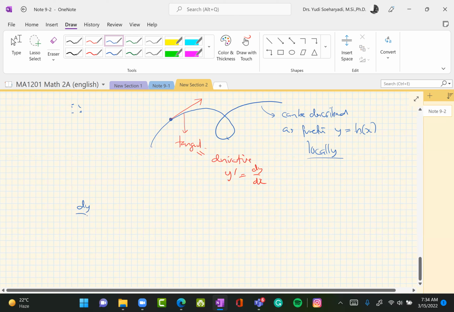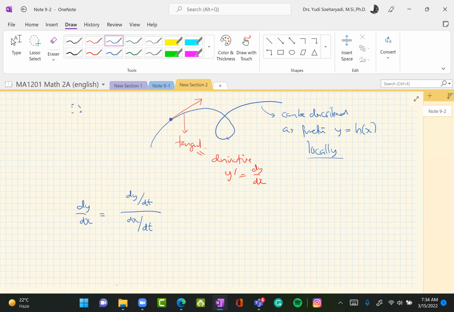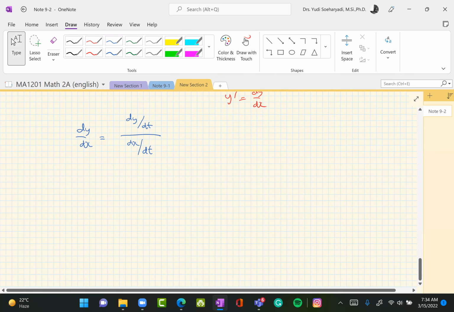So dy dx is, if this is a parametric form, you can write it as dy dt over dx dt. All right, so pretend that dt cancels, so you're left with dy over dx. Okay, so that's the idea. Okay. Let's do some example here.